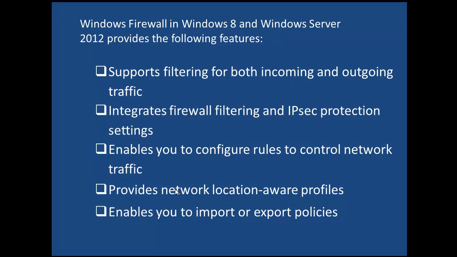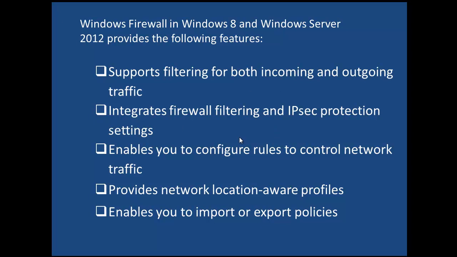You also have IP security protection on data that is going in and data that is coming out. Within group policy, you're able to configure rules to control the network traffic. You can also import or export policies.